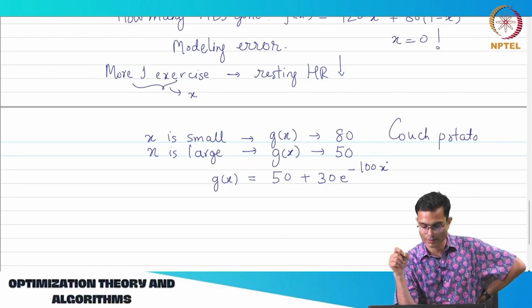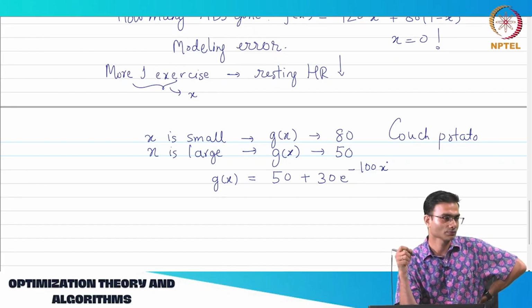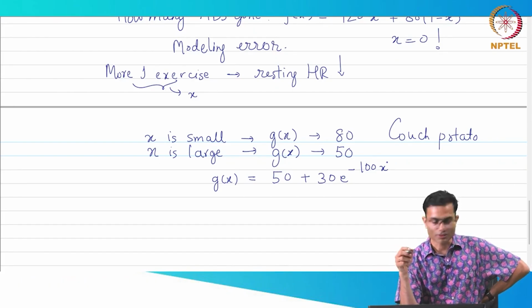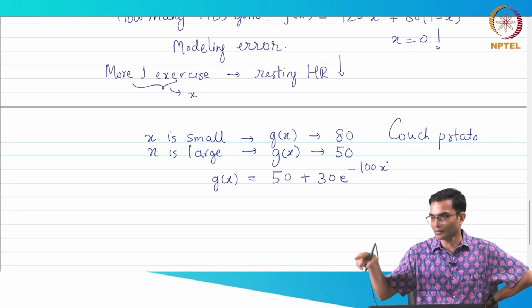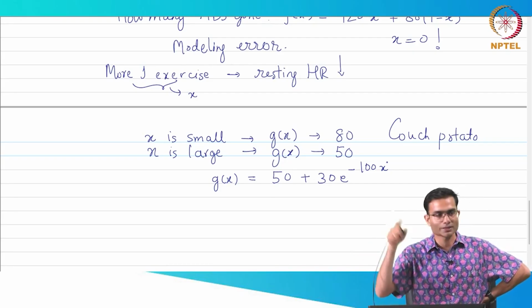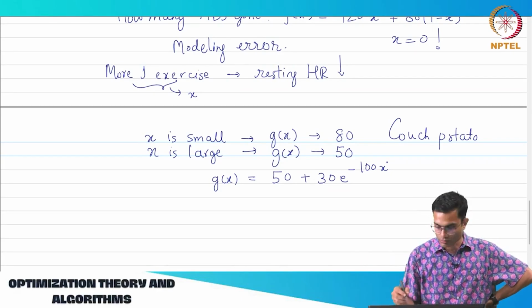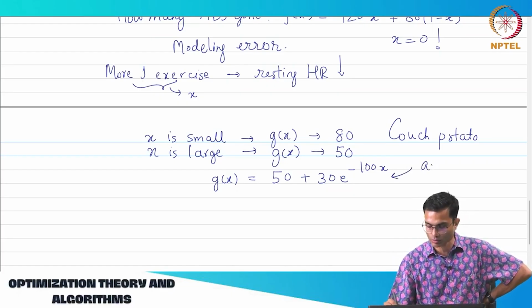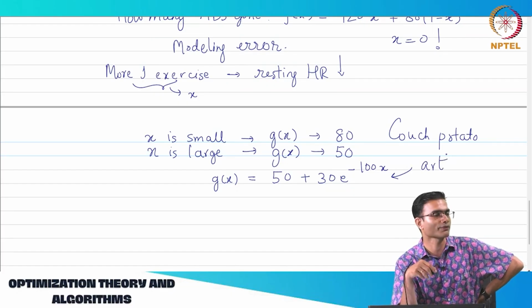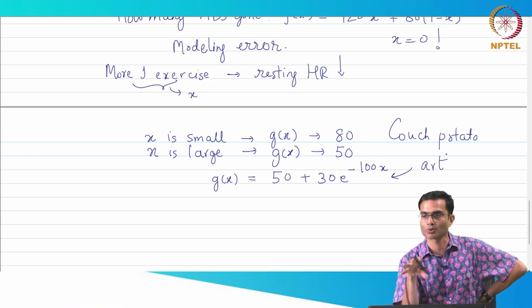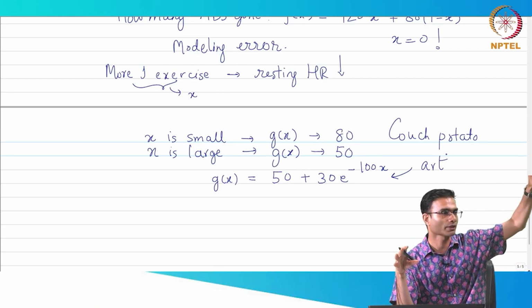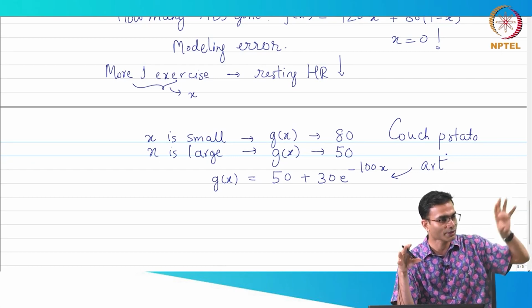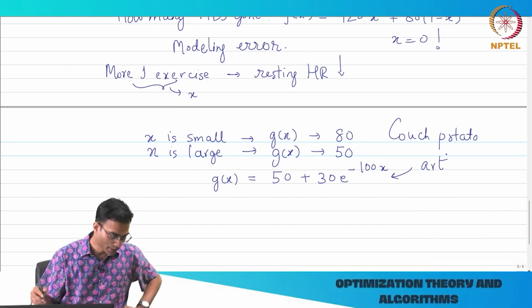And when x is large, 50, right? And it's smooth, we expect it to be smooth. We don't expect some crazy stuff to happen. Now this you can almost call art, I mean, this is not coming from you. This is coming from some other engineering or sports discipline, so you have to take that with a grain of salt. This is what you got.